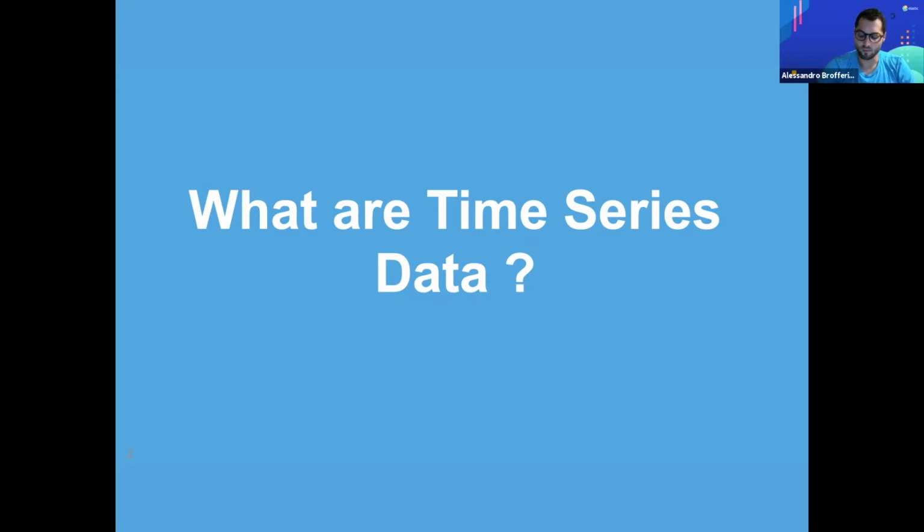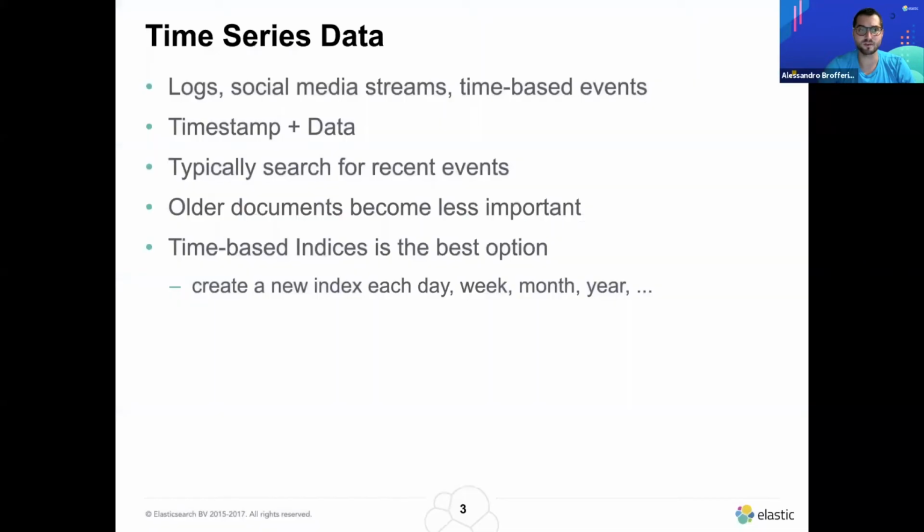So we refer to time series data normally to that kind of data that represents an event on a specific point in time. So for instance, if you are working with logs coming from your servers, or if you collect metrics from your infrastructures, rather than maybe collecting social media streams or any time-based events, these kind of events in Elastic are referred to as time series data.